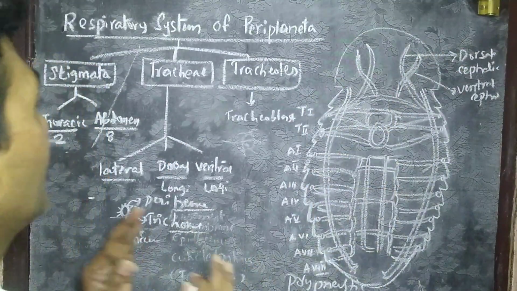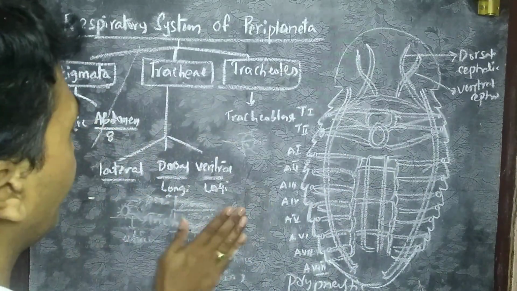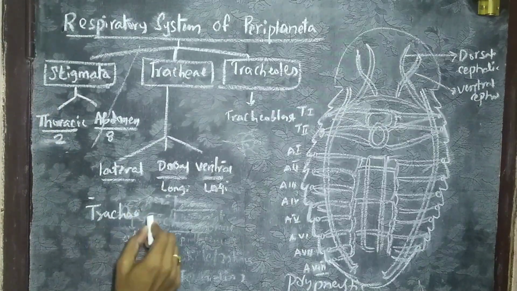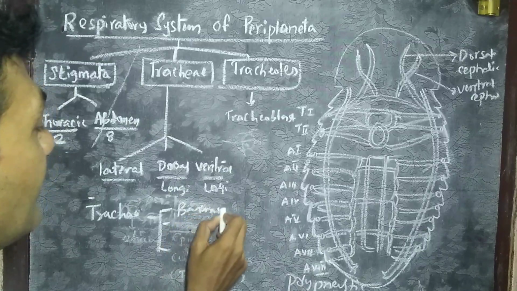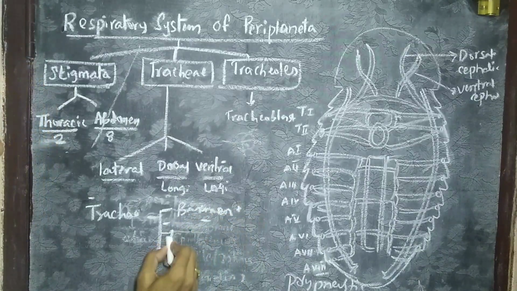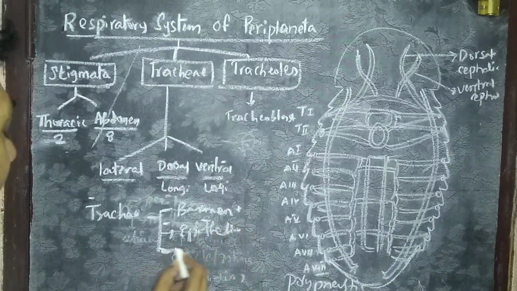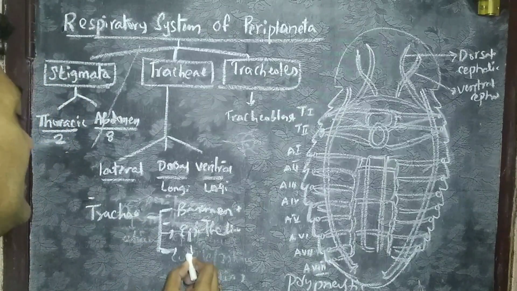Clear? Then coming to the structure of tracheae, the anatomy of tracheae. Each tracheae is composed of 3 membranes. The outer membrane is the basement membrane. The middle membrane is called the epithelium, thin epithelium. And the inner one is made up of cuticle, which is called the intima.